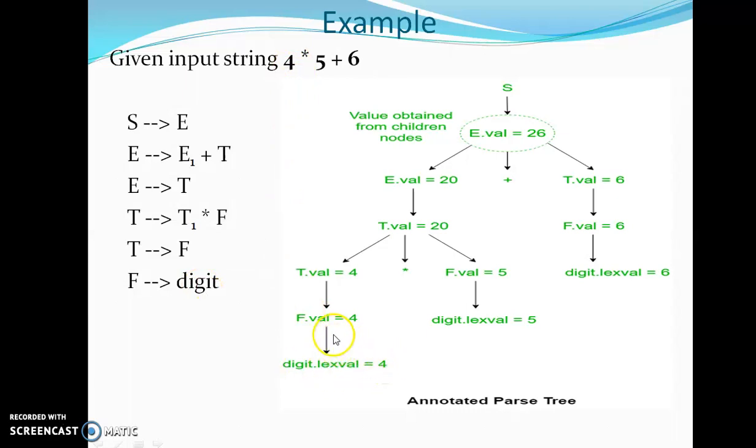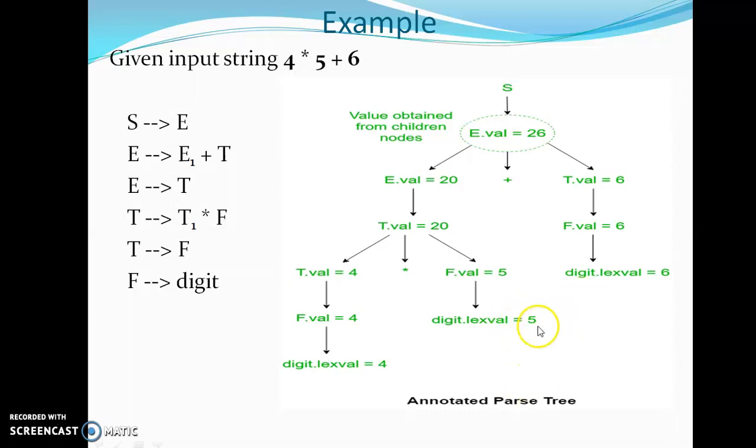Then we go back to F.val. What is the value of F.val? It is derived from digit, so its value is the same, that is 4. Again this is derived by T.val, its value is the same. Then again go back. Do not consider the star. Again we go to the next digit.lexval. Your next symbol should be digit 5.